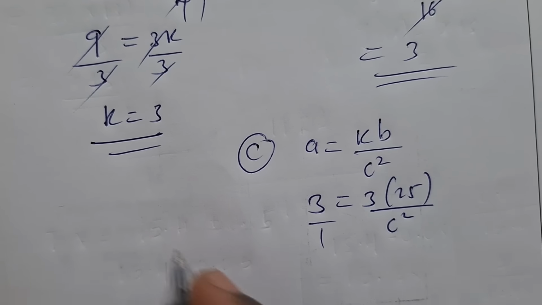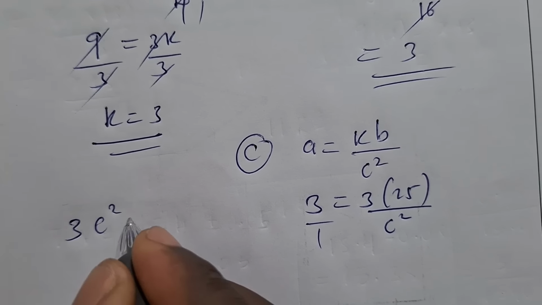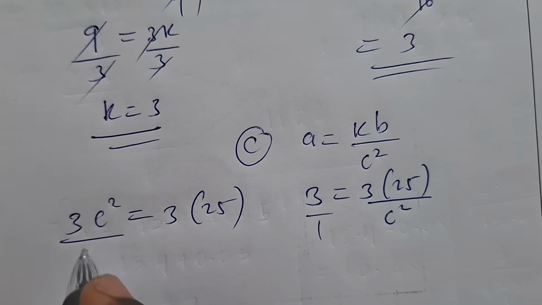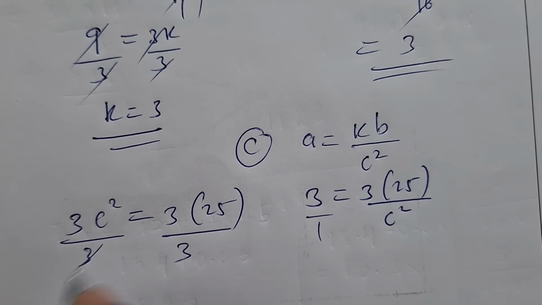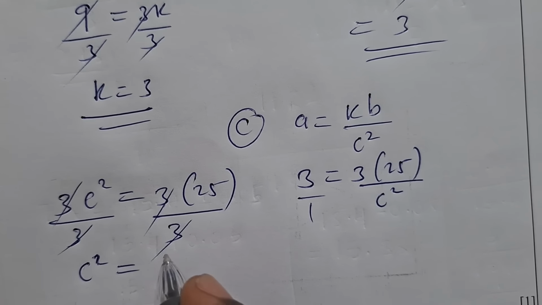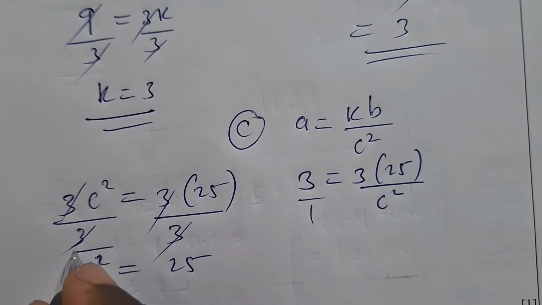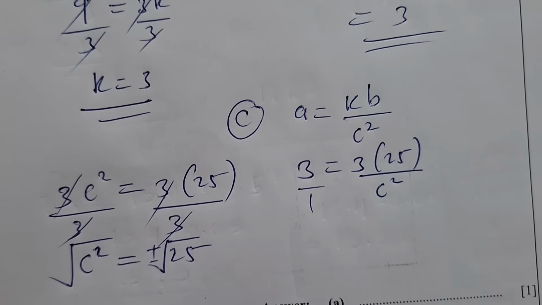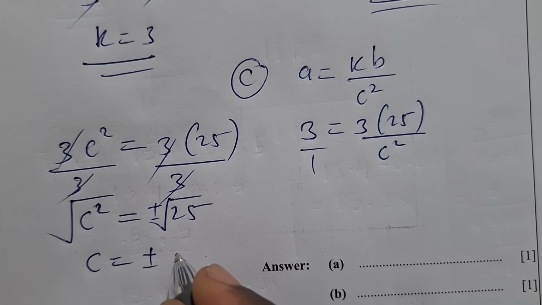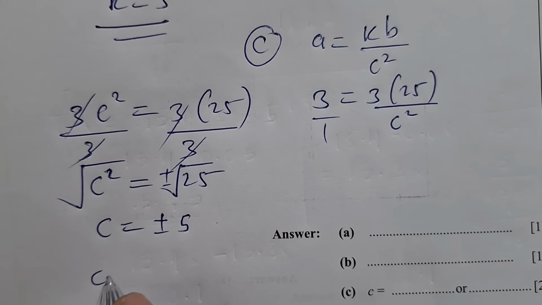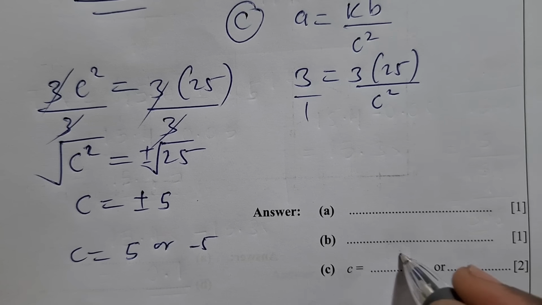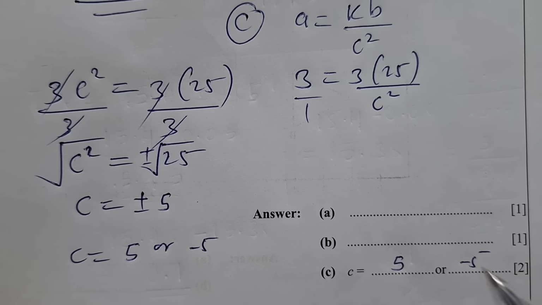Cross multiply, we get 3C squared equals 3 times 25. The 3s cancel, we remain with C squared equals 25. Square root both sides, so the values of C are positive or negative 5. C is 5 or negative 5.